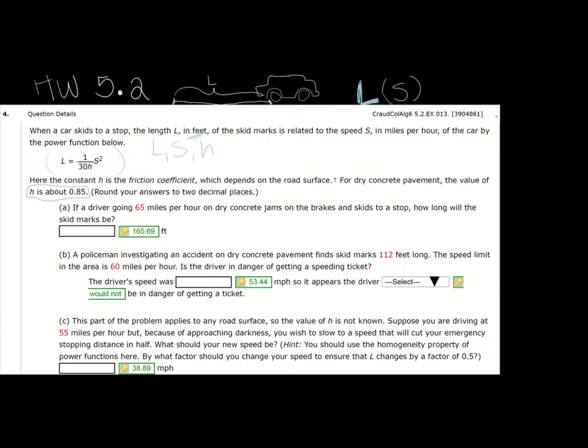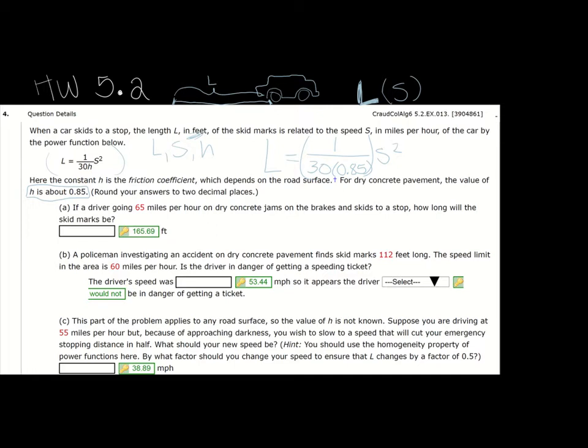So let's rewrite this formula. L equals 1 over 30 times, it's not H anymore, it's just a constant value, 0.85, all times S squared. I'm going to toss that in parentheses because when we use our calculator, we want that in parentheses. So 1 divided by 30 times 0.85, that's just a number.